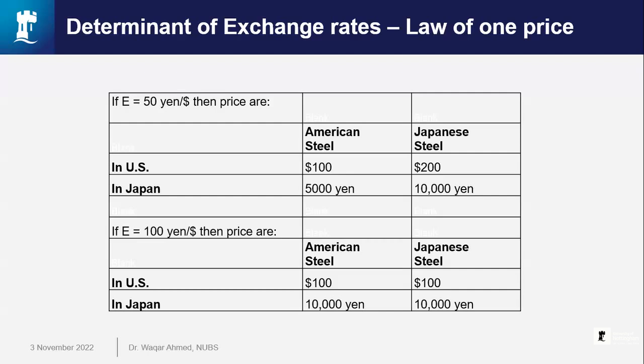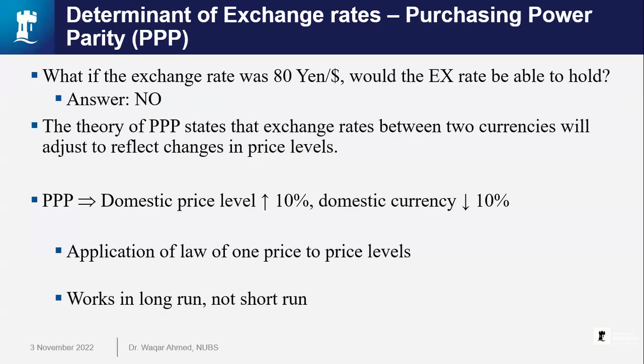If this is the original exchange rate, the law of one price does not hold, so the exchange rate must move in a direction that would equate the two and make sure that the law of one price holds in the two countries.